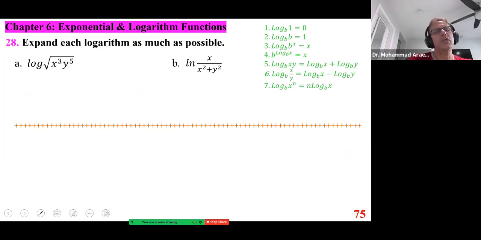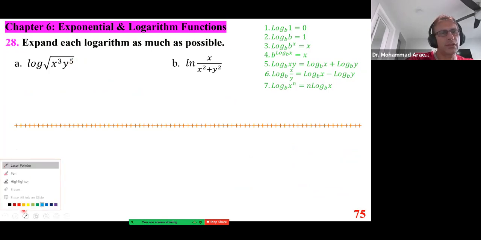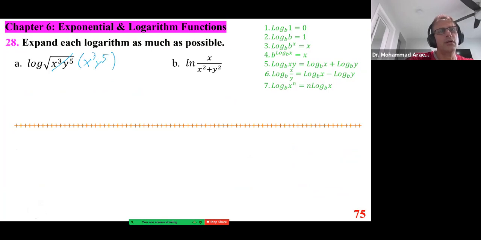What about here? We can write this as x cubed y to the power of 5 to the power of 1/2, and we can put the 1/2 in front. We can say 1/2 log of x cubed with the y to the power of 5.